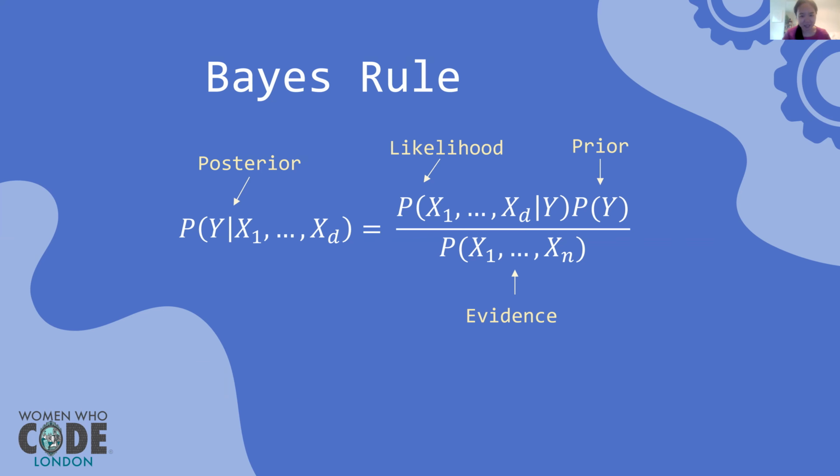So what is likelihood? The likelihood is, on the condition of label y, on the condition that the picture is 5, the probability of each pixel, and then multiply the probability of y equals to 5, the chance of this picture being 5, divided by the evidence.